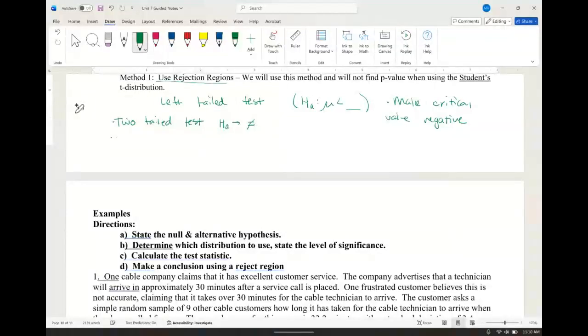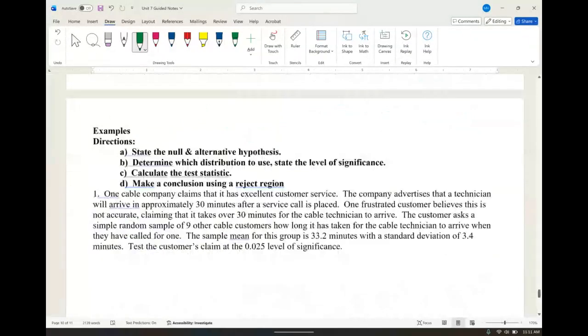We will use a one-tailed test if that alternative hypothesis uses a less than or a greater than symbol. And if it's a less than symbol, we will need to make that critical value negative.